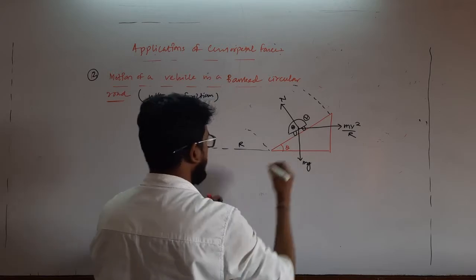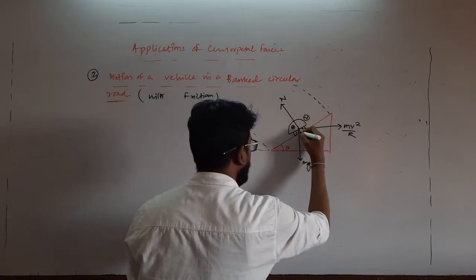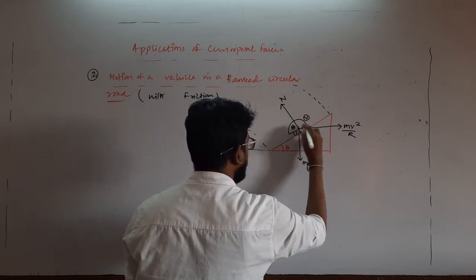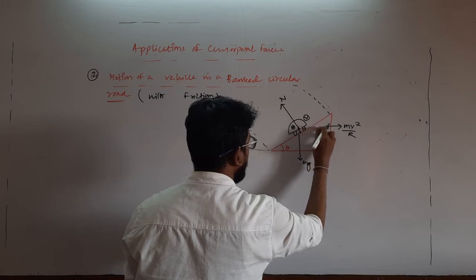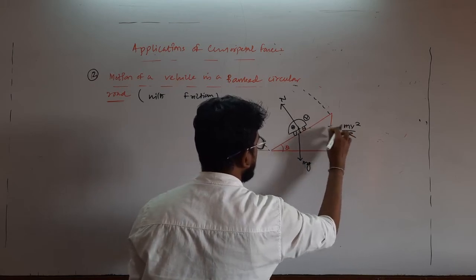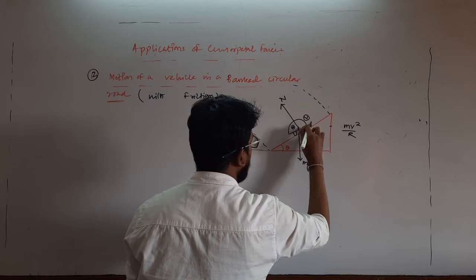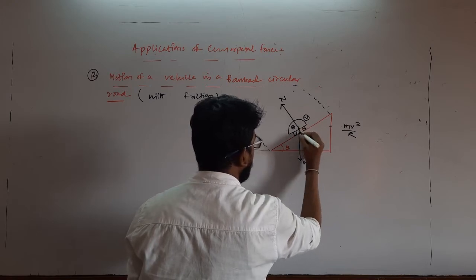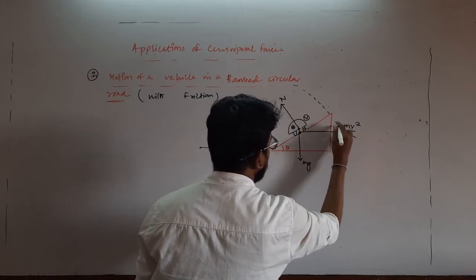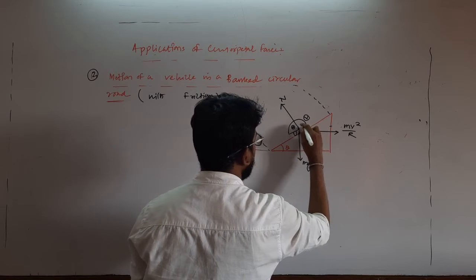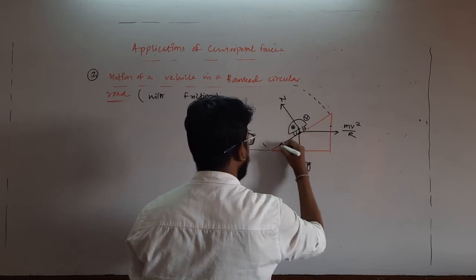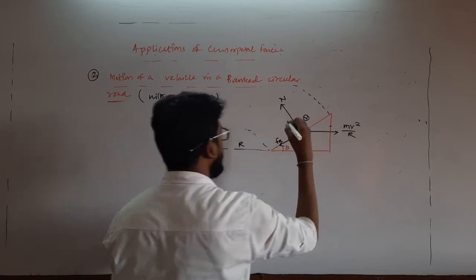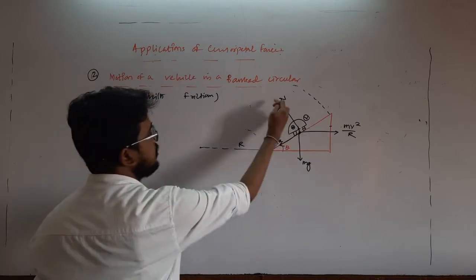You just consider the point which is connected to the surface. This is the direction of centrifugal force, and at this point this is the direction of frictional force. Clear? And the normal reaction will be like this.